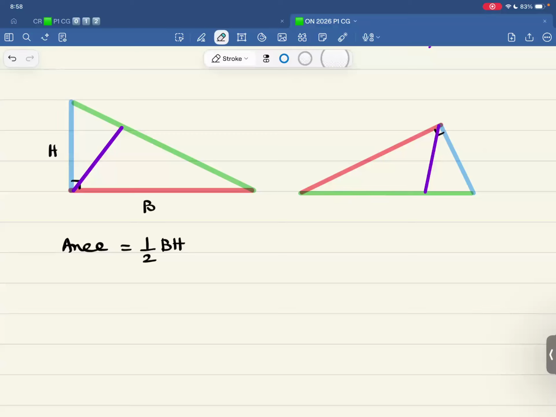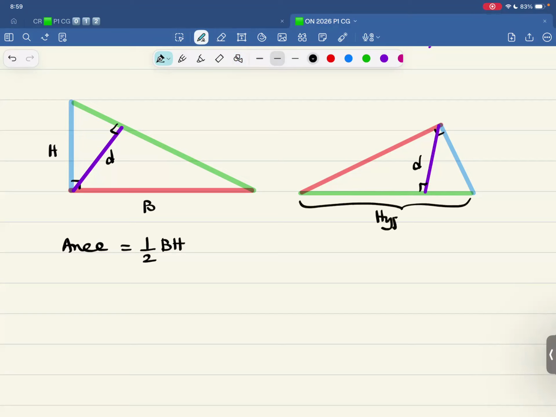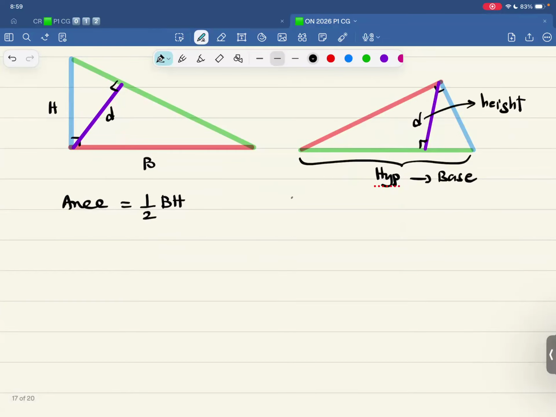Let me remove this thing over here. And this thing over here, that is the small d. This is a right angle. This is a right angle. This is small d. It's not drawn to scale. So if I consider this hypotenuse to be the base, then small d could be the height for the same triangle. Therefore, this area can also be half into d into the hypotenuse, which can serve as the base.